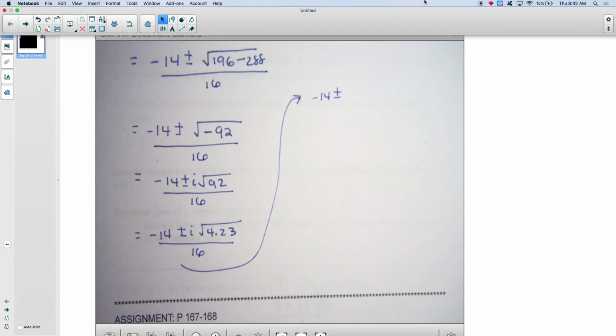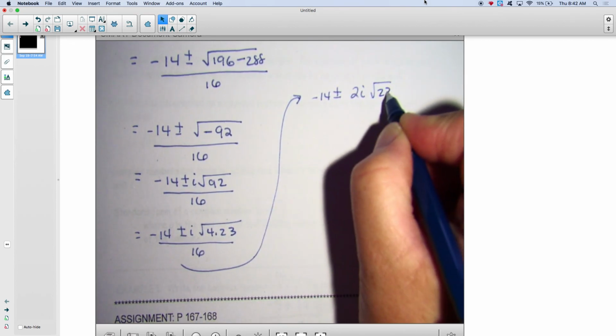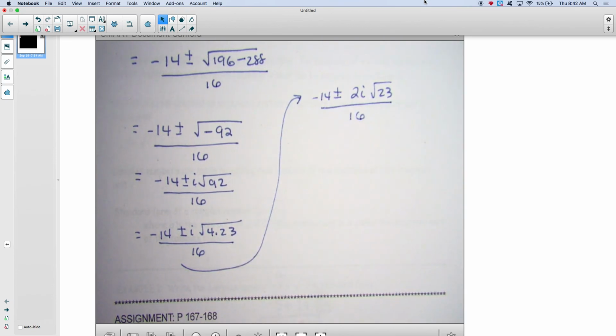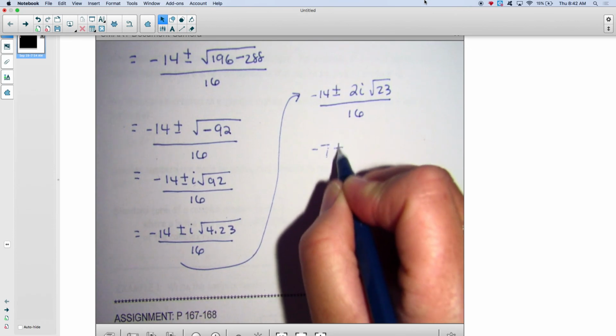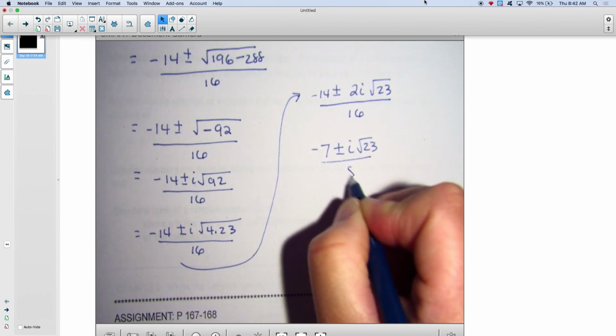So then the square root of 4 is now 2i square root 23 divided by 16. And now all three of them are divisible by 2. So negative 7 plus or minus i square root 23 all over 8.